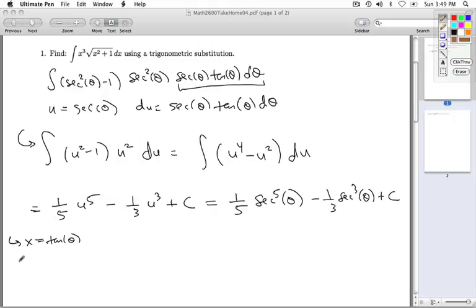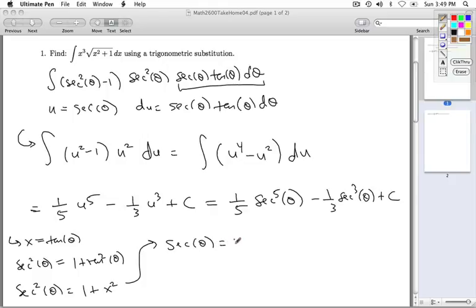I know that secant squared theta is 1 plus tangent squared theta. So secant squared theta is 1 plus x squared. That means that secant of theta is plus or minus the square root of 1 plus x squared.